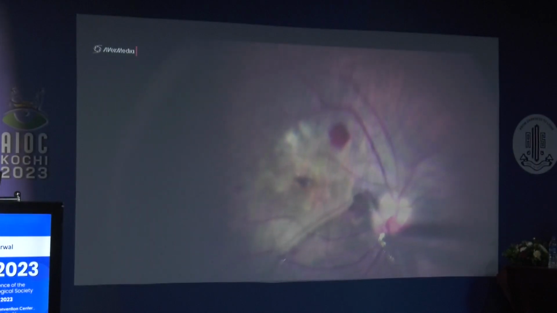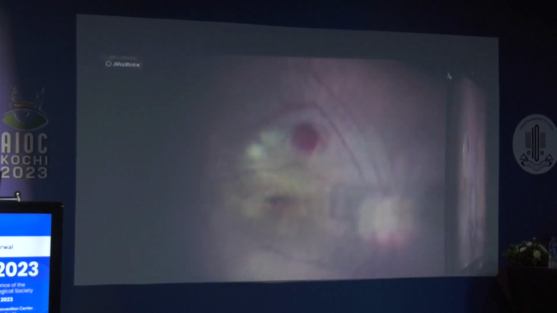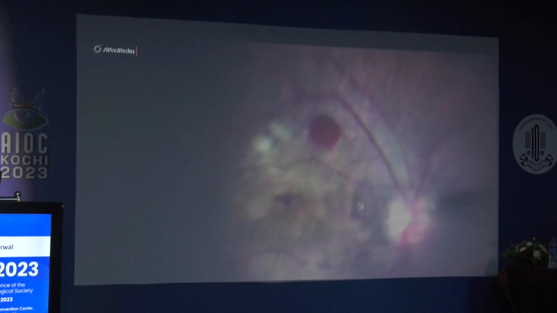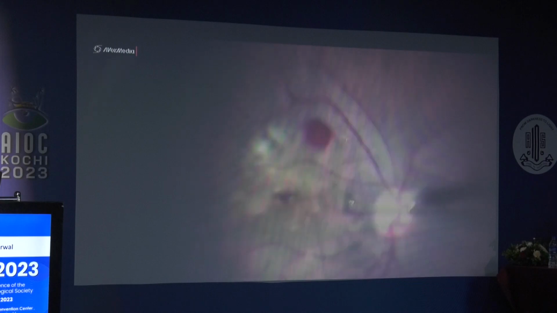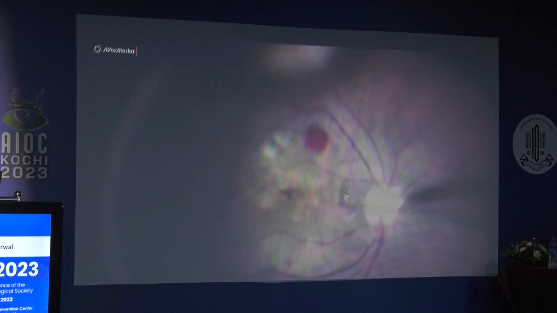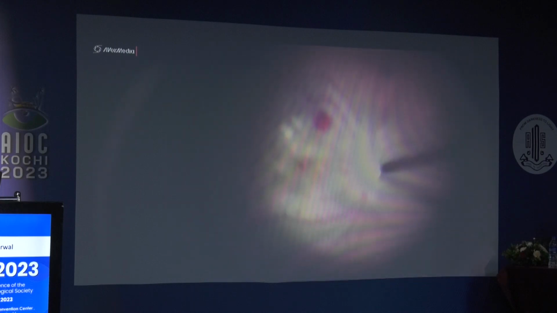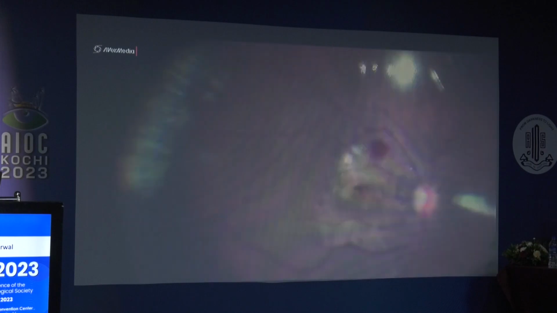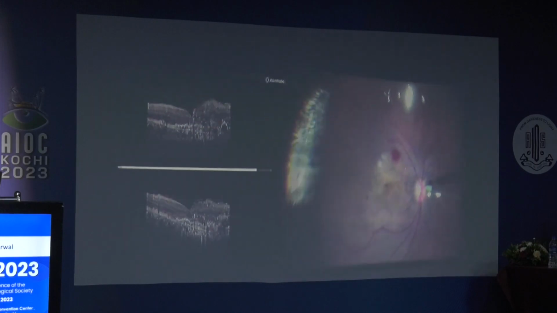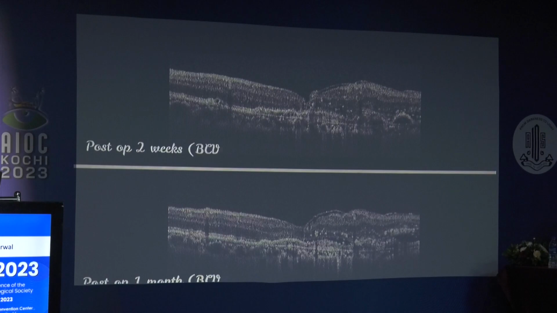PFCL was removed. Fluid air exchange performed. Postoperative OCT showed closed macular hole with BCVA of 6 by 36.